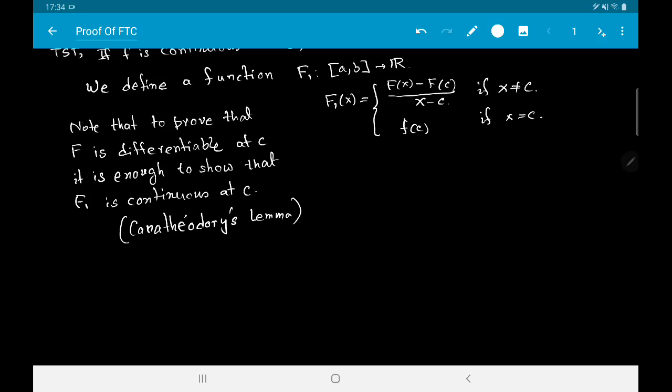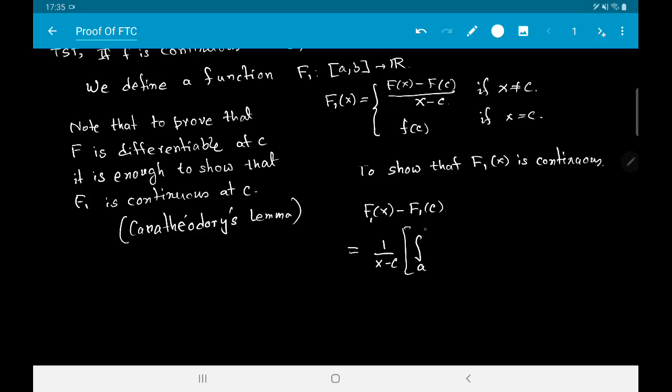Okay, so to show that F1 is continuous, we follow the exact same argument, or a similar argument. We have to consider the term F1(x) minus F1(c), and note that we know what F1(x) is: this is 1 by (x minus c) times (F(x) minus F(c)). What is F(x)?